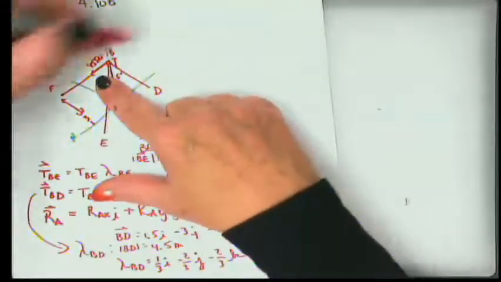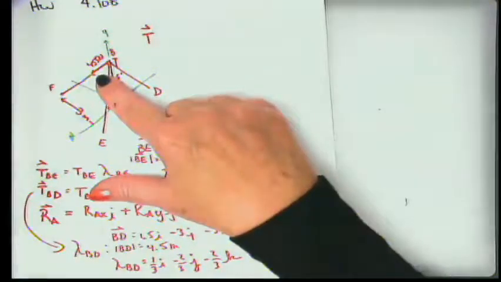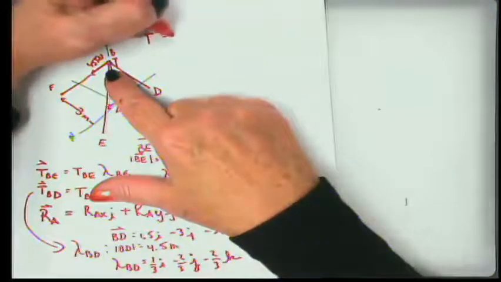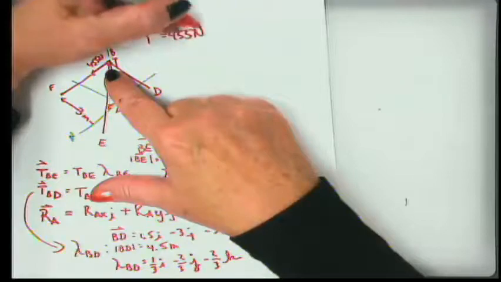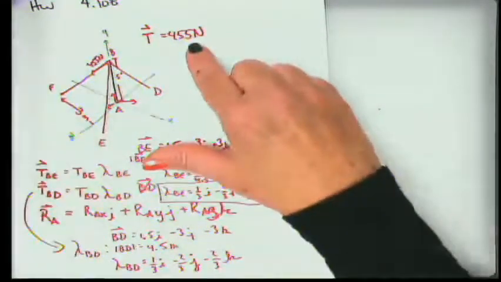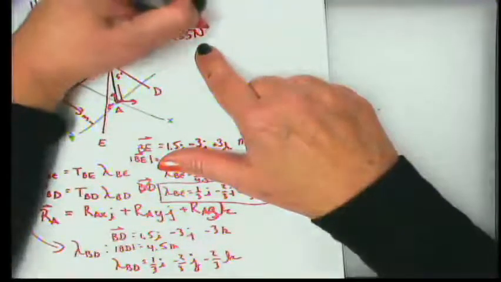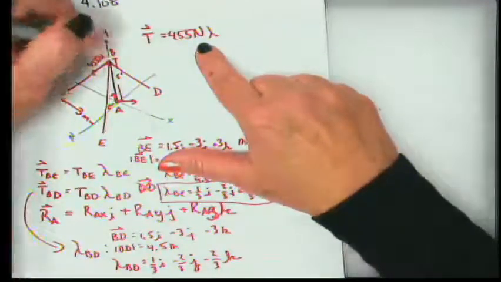The tension as a vector is going to be a little bit easier because we're given the magnitude of the tension, which is 455 newtons. But now we still need to write that unit vector, this time from C to F. So that's going to be lambda from this point.